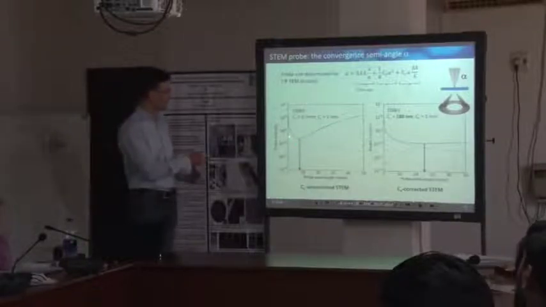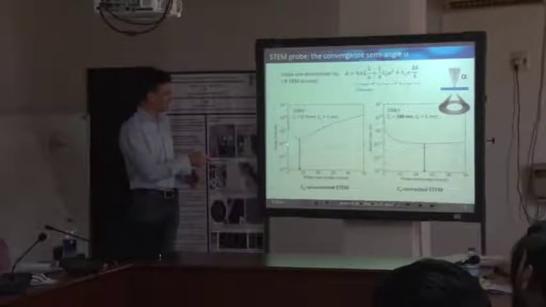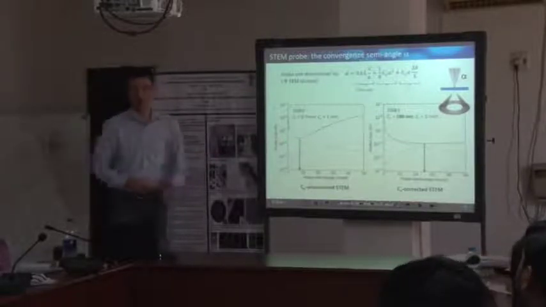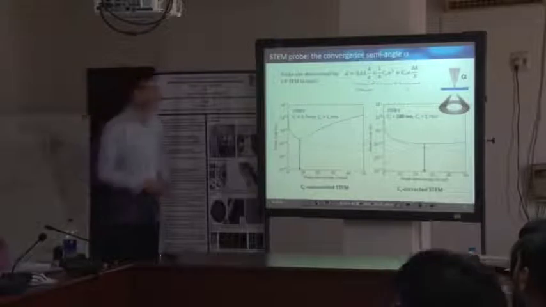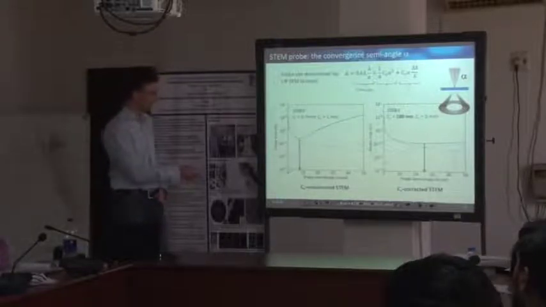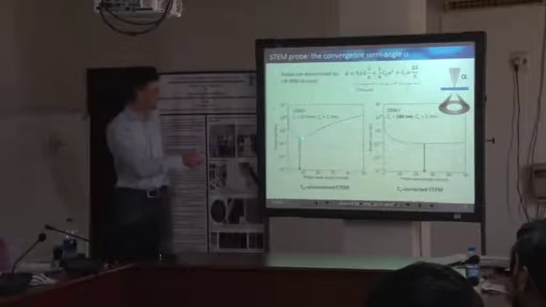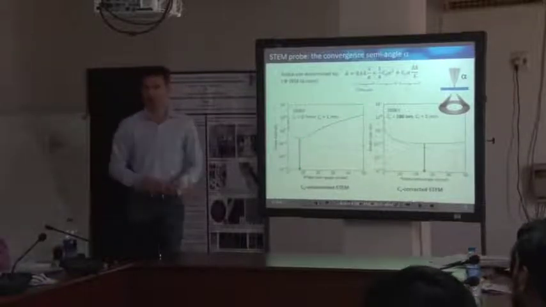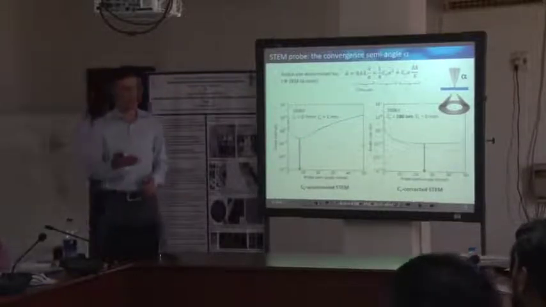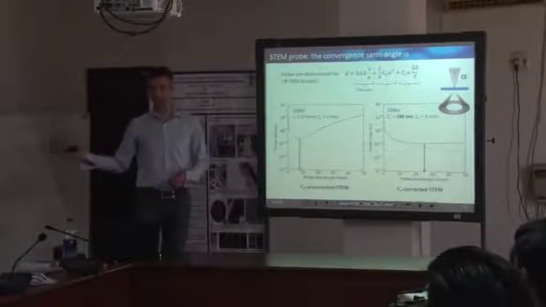And the probe size here is of the order of, let's say, 1 angstrom, 2 angstrom, 3 angstrom, roughly. So this is what we achieve at an optimal angle of roughly 10 milliradian for 200 kV. 300 kV is a little bit better, but in principle these are our optimal parameters, and this is also the capability of the installed microscope here.